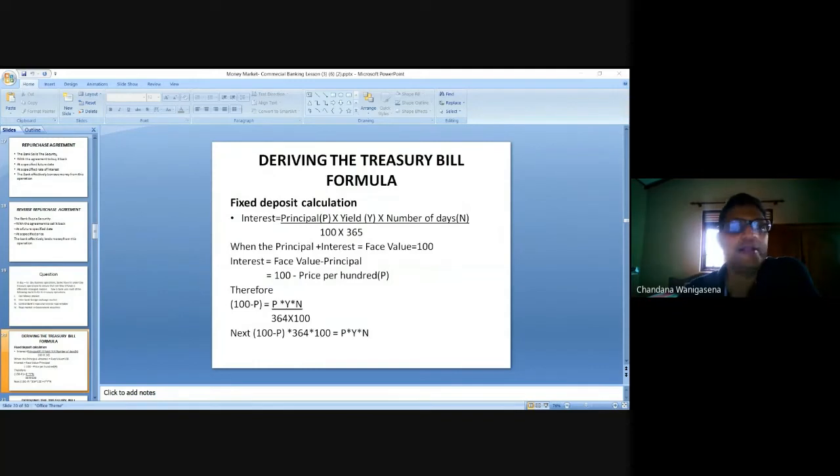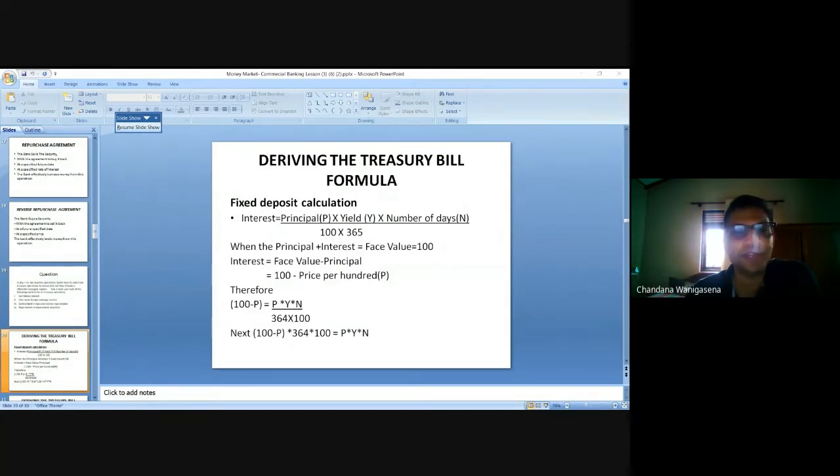So with that, let's start doing these calculations, these sums. There are a couple of sums. I think there are 4 sums. Once you do these 4 sums, I think you become a master of treasury bill price calculation.